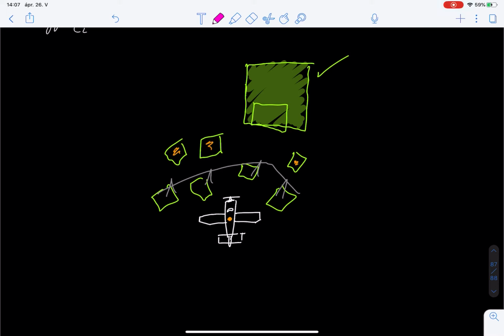So essentially you're going to be descending more. But what the range means is that you have a given radius from your current position where you can still glide to.